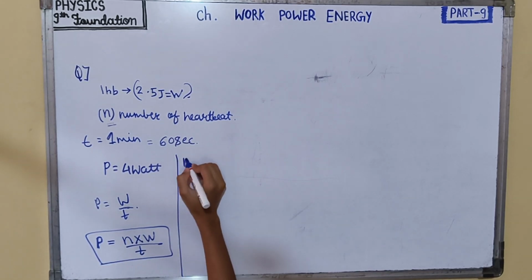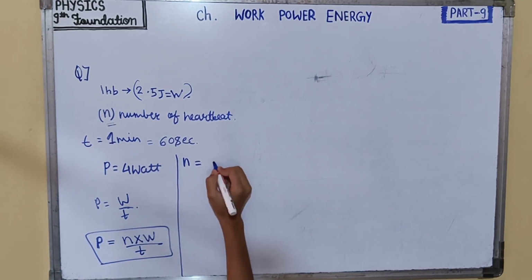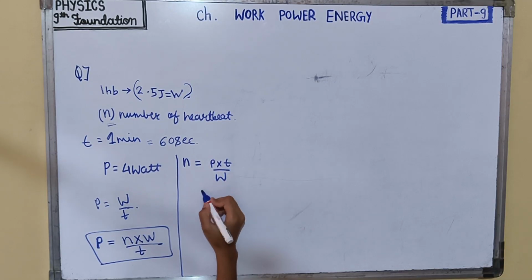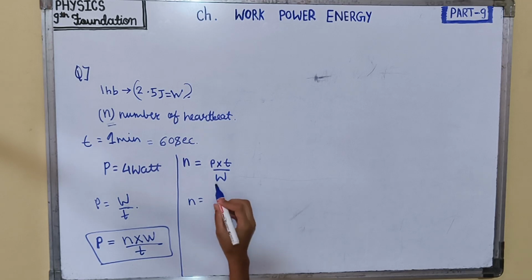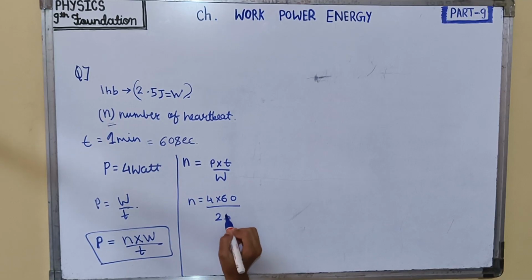This will become the formula for this type of questions. So we have to find N and we have other values. N is equal to P into T upon W. Power is 4, time is 60, and 2.5 is the work done in 1 heartbeat.